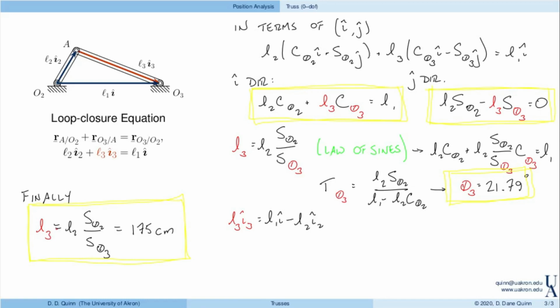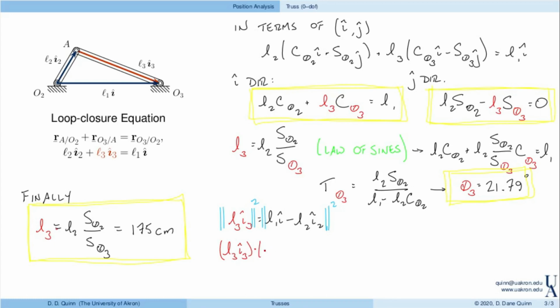So if I'd like to solve for L3, for example, maybe I can find a way to eliminate theta 3. Well, I can, because the magnitude of the left-hand side is independent of the orientation. The magnitude is just L3. So if I take the magnitude of the left-hand side, that's going to be equal to the magnitude of the right-hand side. Magnitude here is denoted by these two horizontal bars. I'll take the squared magnitude because that's easier to calculate, since the squared magnitude is the dot product of one side with itself.